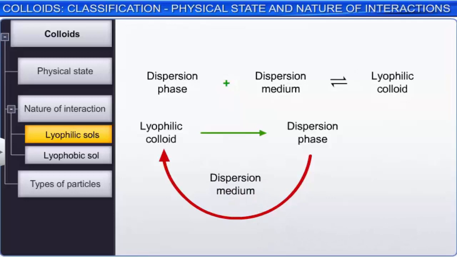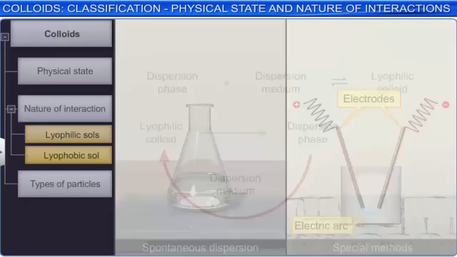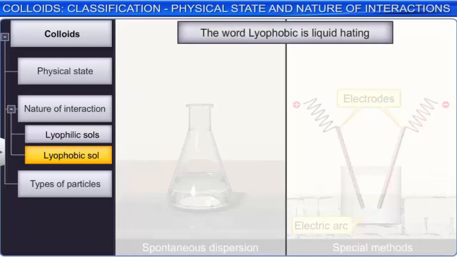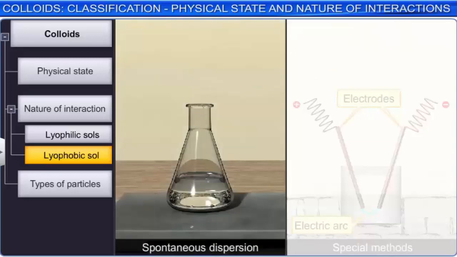Let us now discuss the second category of colloids: lyophobic colloids. The word lyophobic means liquid-hating. Lyophobic colloids cannot be formed by spontaneous dispersion in the medium, but can be prepared only by special methods.